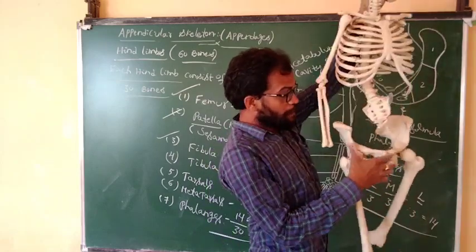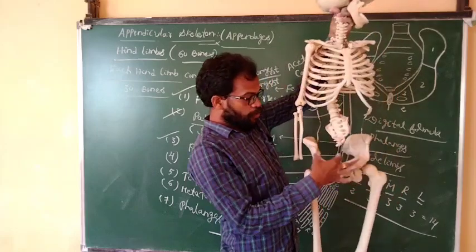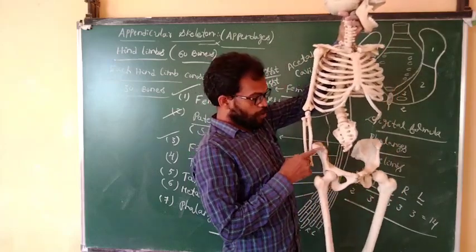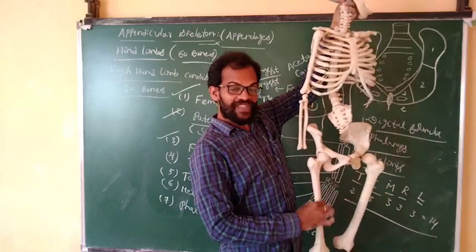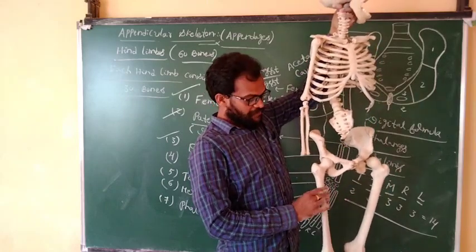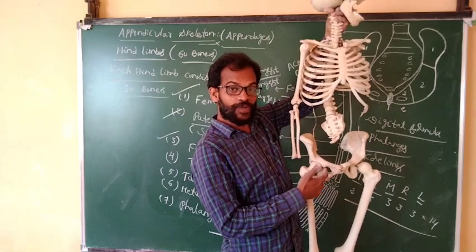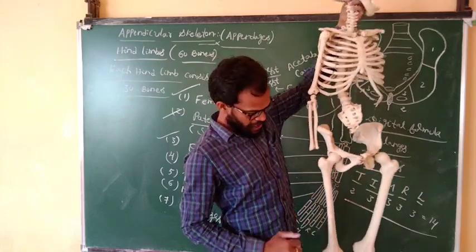Next one, hip bones. See here, the hip bones are the pelvic girdles, only two bones. Next one, this one is the femur. The femur attaches to the cavity known as the acetabulum.